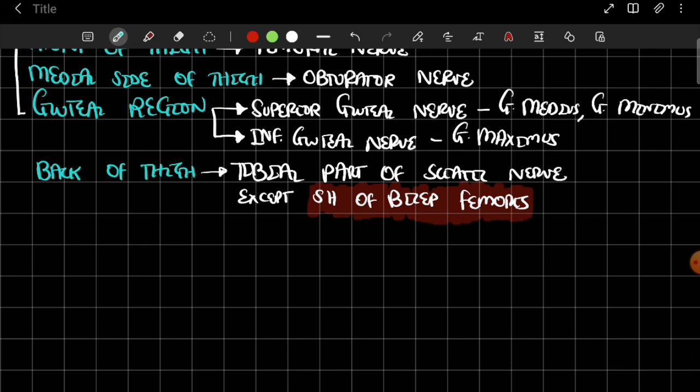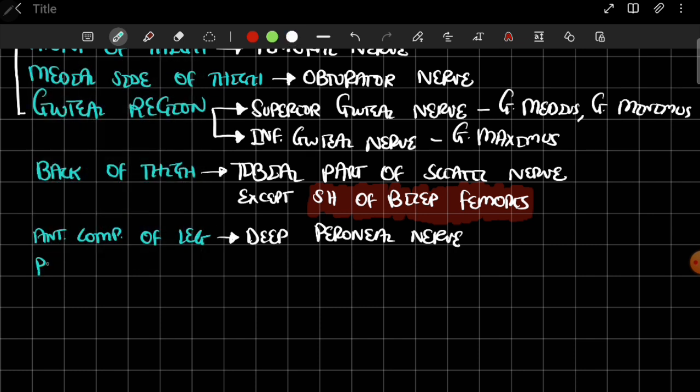The back of thigh is done, then the front of leg, to be specific, the anterior compartment of leg. So it was the deep peroneal nerve. Then the posterior compartment of leg, sorry, it's the posterior compartment of leg.